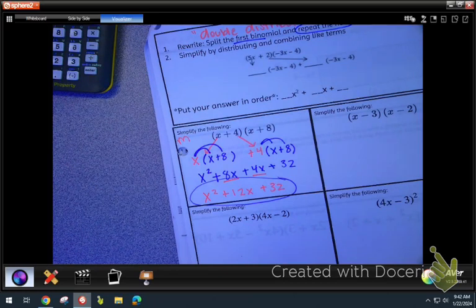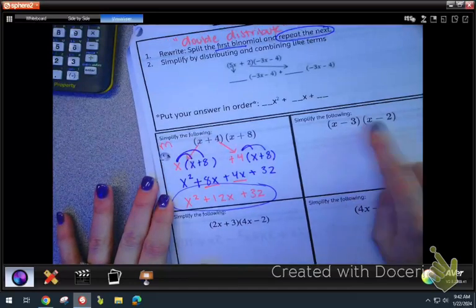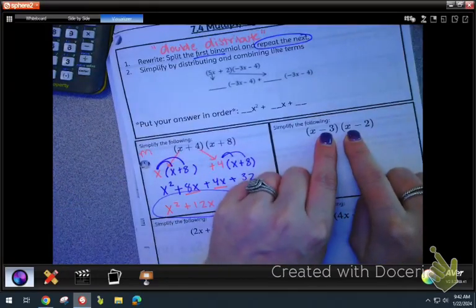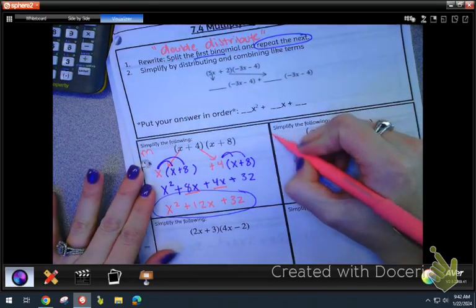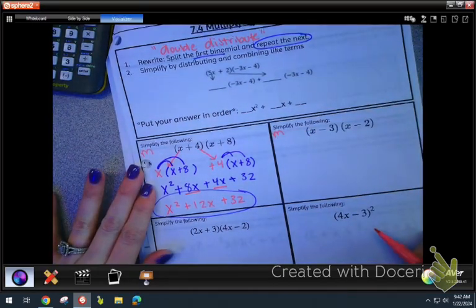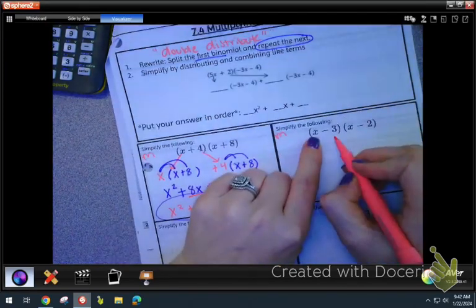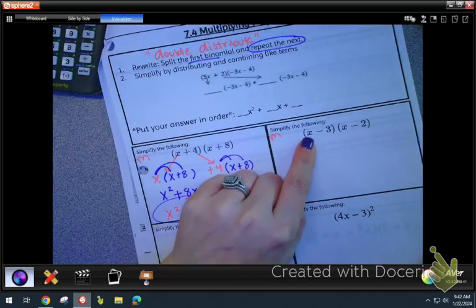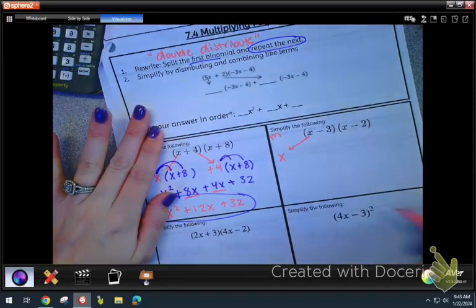All right, let me help you set up this next one, and then I want you to try the multiplication. x minus 3 times x minus 2. Again, why is this a multiplication? Side by side parentheses. So I'm going to put an M for multiplication. And I'm going to pull apart my first binomial. Miles, what's my first binomial? x minus 3. So I'm going to bring x over here.